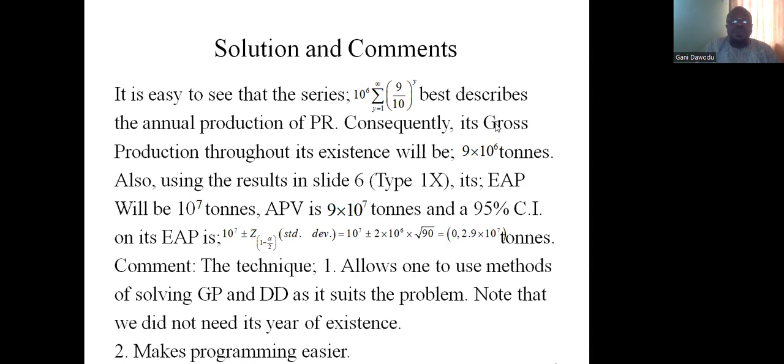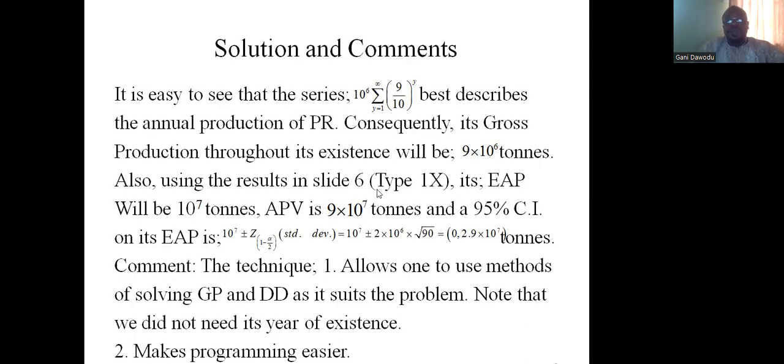Consequently, its gross will merely be the sum to infinity of this times that. We saw that the sum to infinity of this is 9, so times that will give us the gross product to be this. If you go back to slide 6, type 9, you see that you get the solution. The result there will be applicable here.